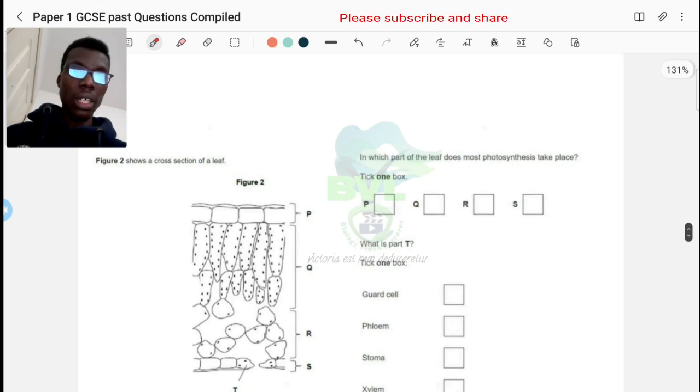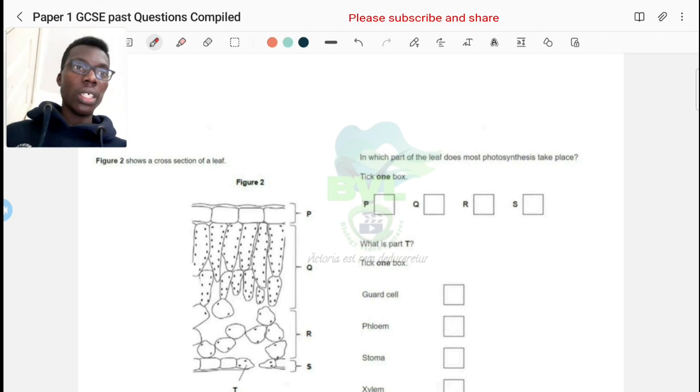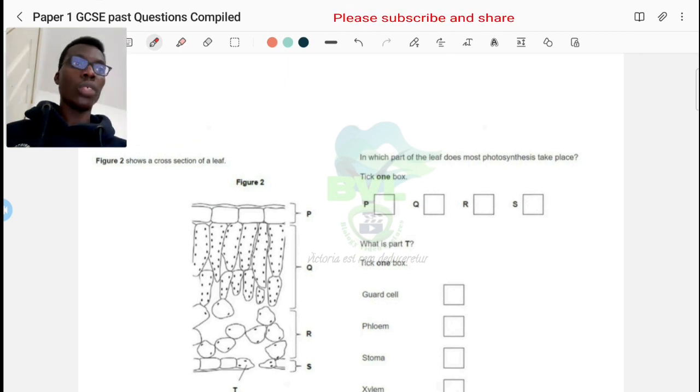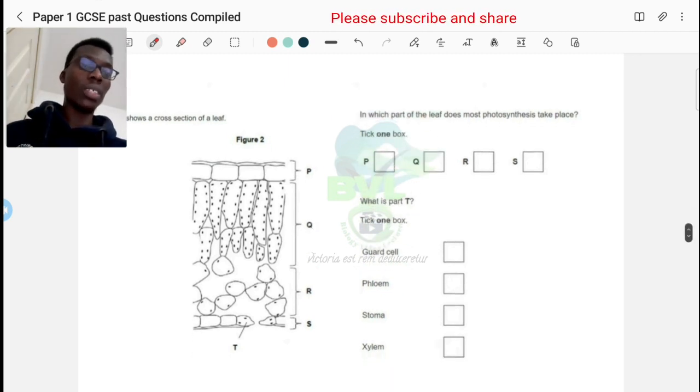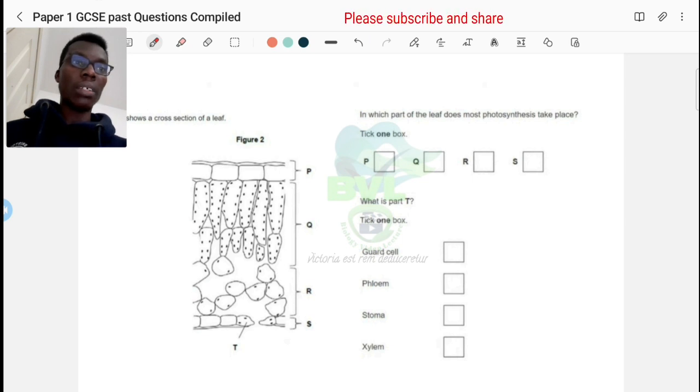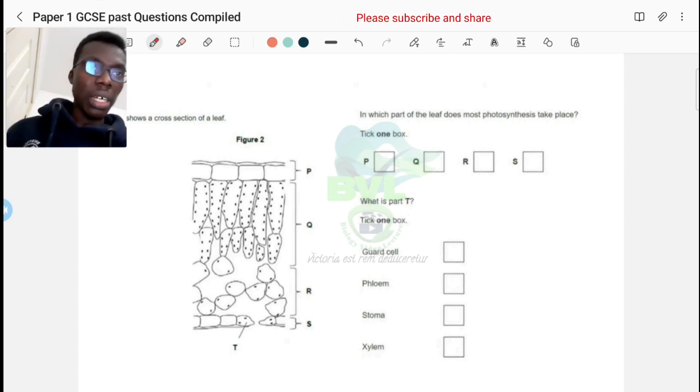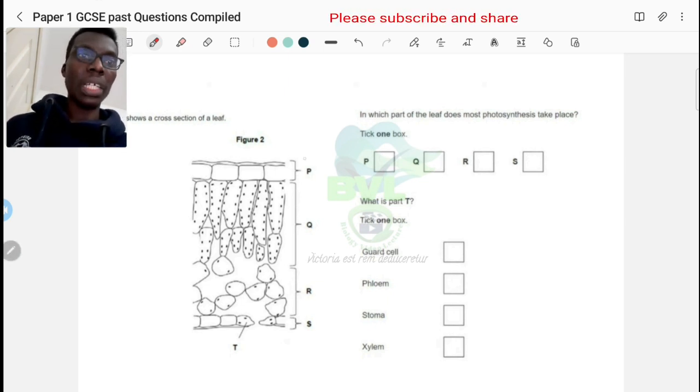So it says here, figure 2 shows a section of a leaf. In which part of the leaf does most photosynthesis take place? This is a very interesting question. Now, let me start by labeling this. P is the upper epidermis.